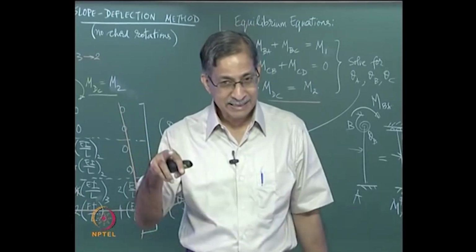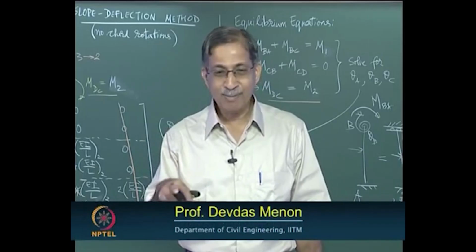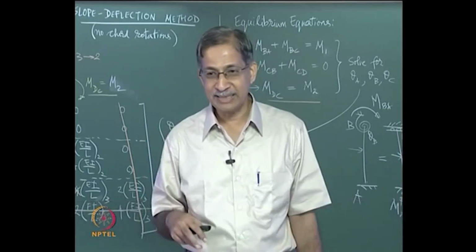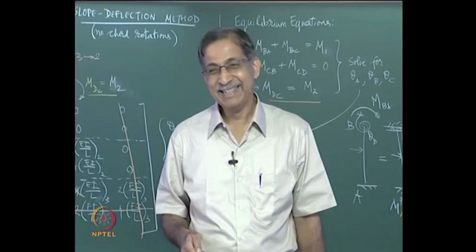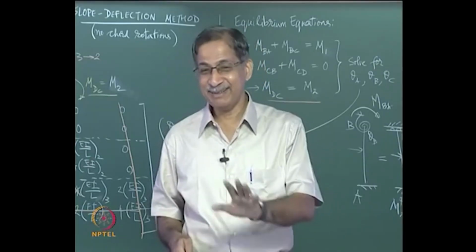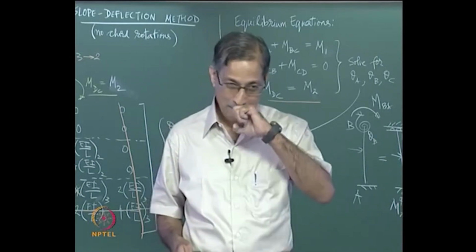Then that 60 kilonewton meter also has an effect in that fixed end moment. How much will get spilled over to the fixed end when you apply 60 kilonewton meter there? Half, that is your carryover factor. So it is brilliant if you understand every step that you do, it is half.